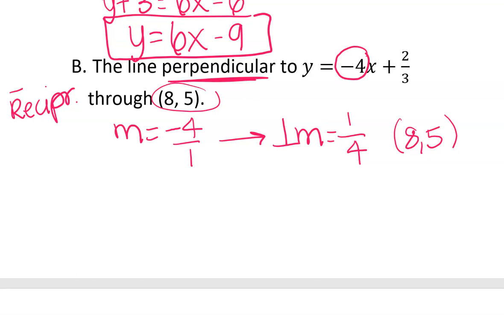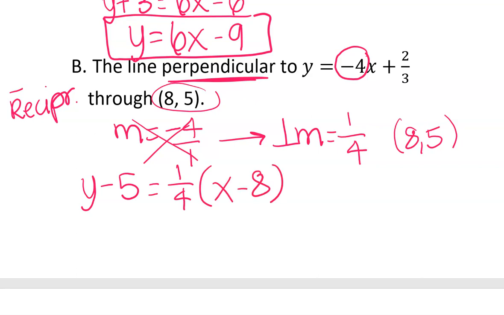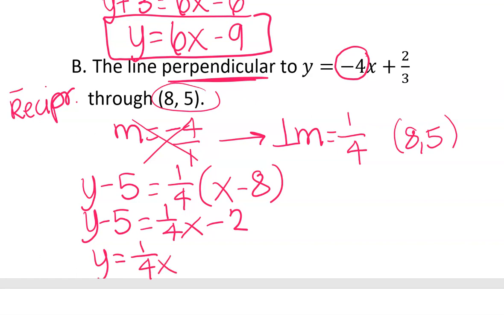So once you find that new slope, we don't go back to the beginning. We're going to do y minus 5 equals the slope times x minus 8. So y minus 5 equals 1/4 x minus 8/4, which is 2. And we need to get y by itself, so we'll add 5. So 1/4 x plus 3.